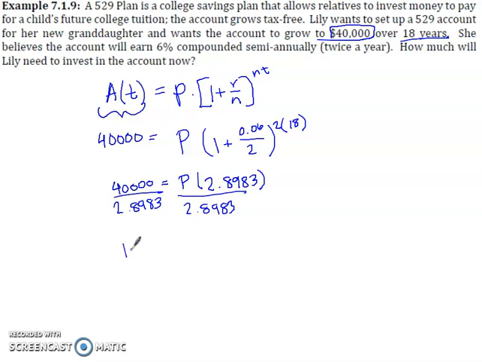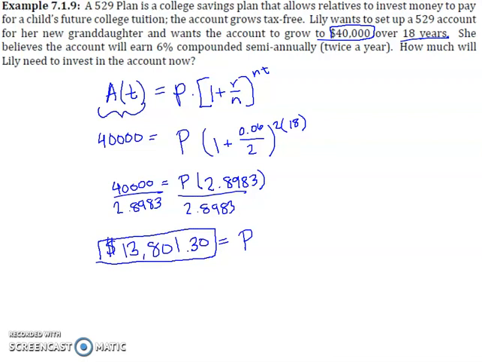Completing that division, I find that I get $13,801.30 for my initial investment. So she's going to need to deposit approximately $13,801.30 into the account in order to have a total value of $40,000 in her account after those 18 years.